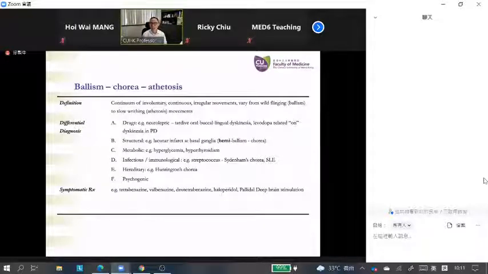So this is not good. And levodopa is a drug for Parkinson's disease. In the moderate or advanced stage, once you take the levodopa, the patient may develop dyskinesia. Another cause is a lesion in the basal ganglia, which may induce chorea, hemiballismus.